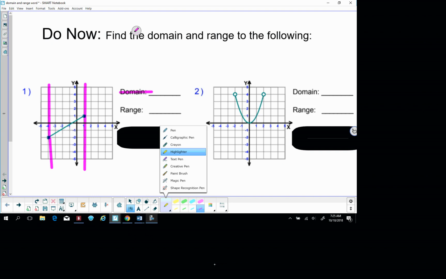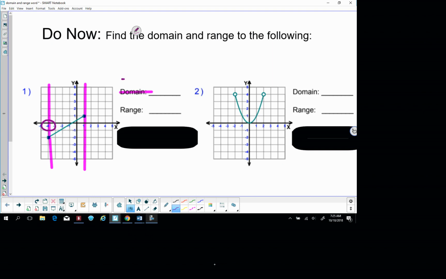And so when I'm writing this right here, I can see my smallest X value is -4. And since it's touching it, because there's a dot on it that's filled in, I would start with -4. If you are doing your intervals, it would have a bracket because it touches -4.